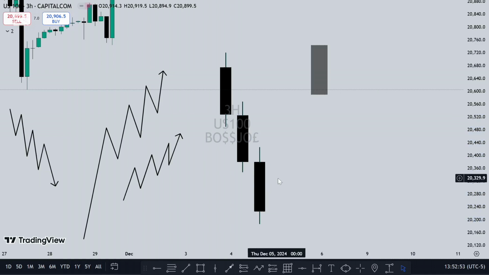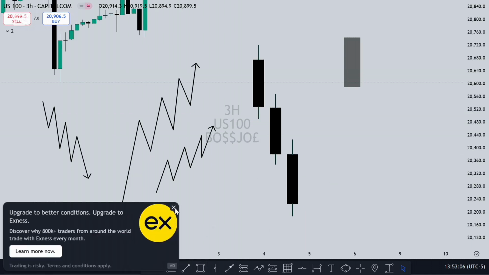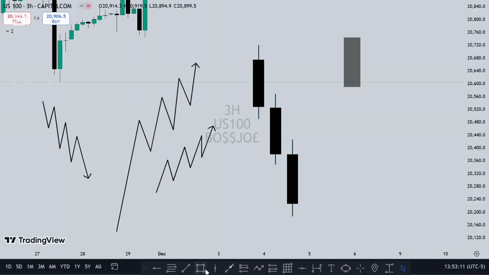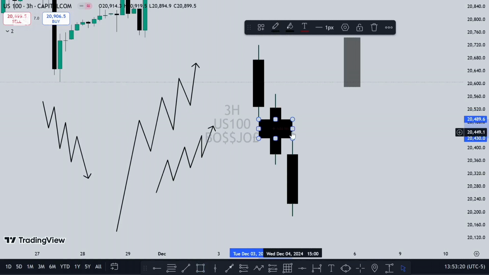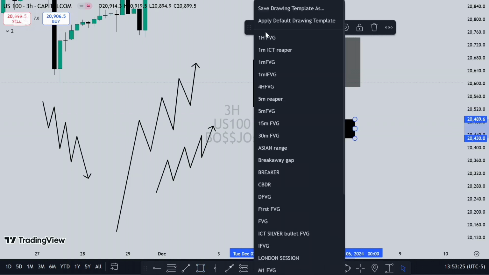Okay, this is my bearish triple candlestick pattern that indicates fair value gap. So once this is formed, for a bearish scenario, the low of this candlestick and the high of this particular candlestick, the gap between that is what we call fair value gap.